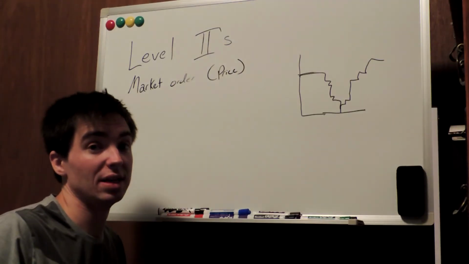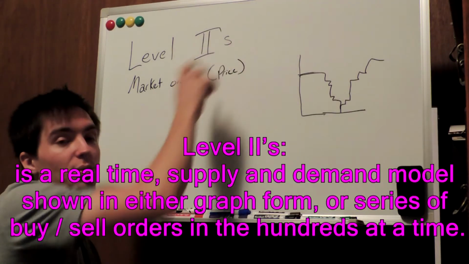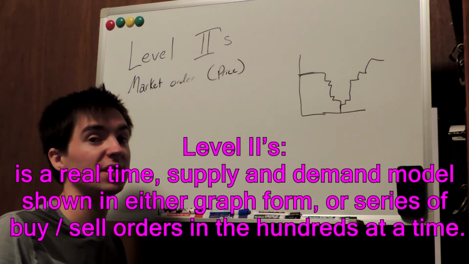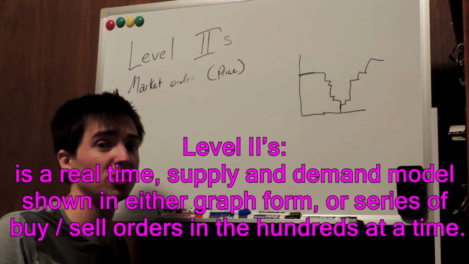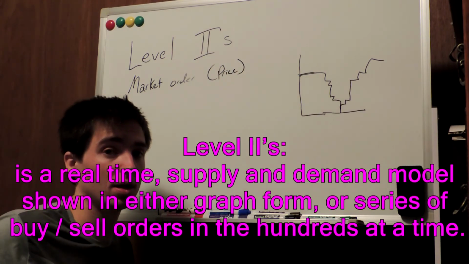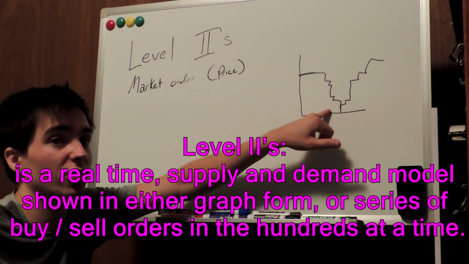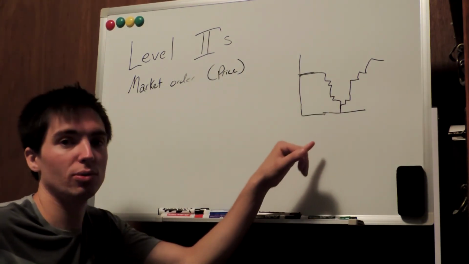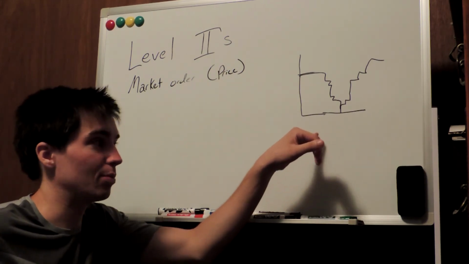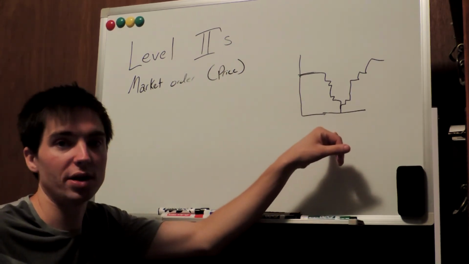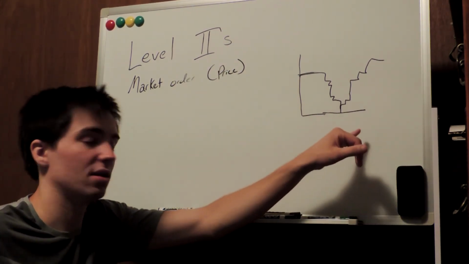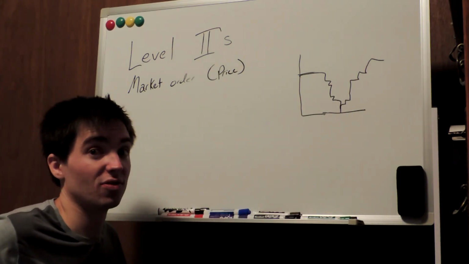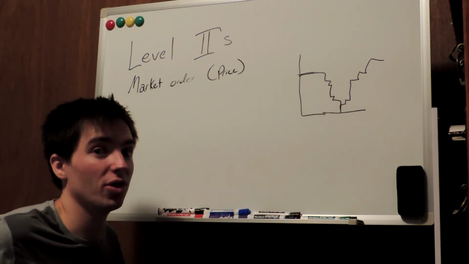The last two terms we're going to get into are, first, level 2s, which is a real-time indicator of the supply and demand market of the stock you are looking at. On Robinhood, it's going to look like this. On other brokerage firms, it's going to have the price going all the way down one side, the quantity in the hundreds, and then the sell category, all being done in real time. This fluctuates at a really fast speed.